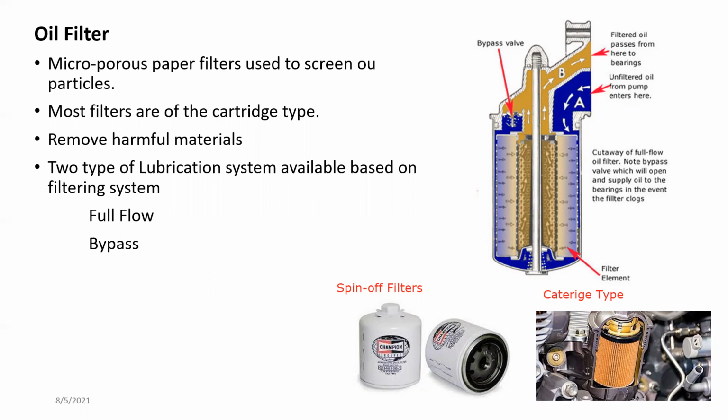One of the main reasons is to reduce the consumption of materials, because instead of replacing the housing every time, you can just use the filtering element itself in the cartridge type.